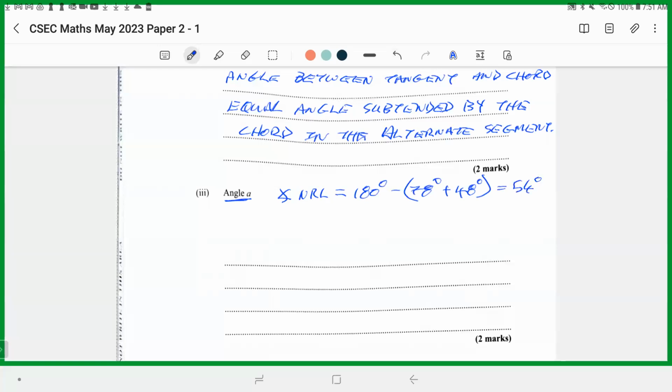And the reason for this is that angles in a straight line add to 180 degrees.